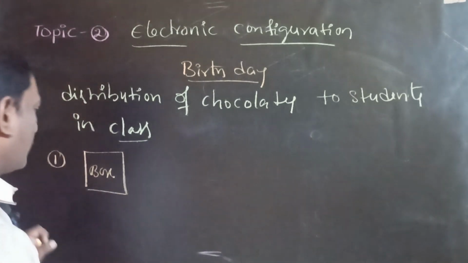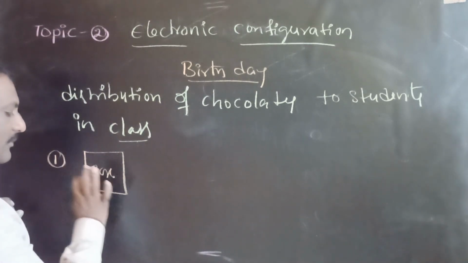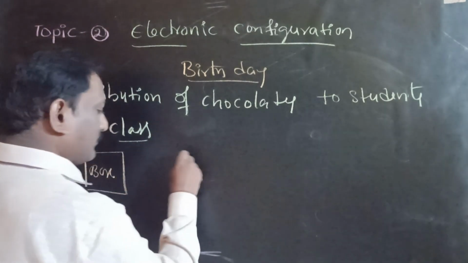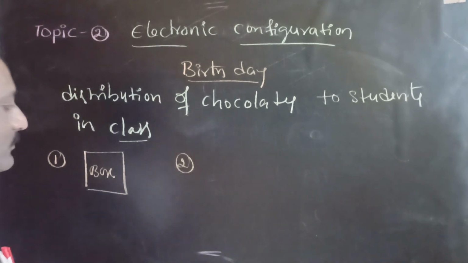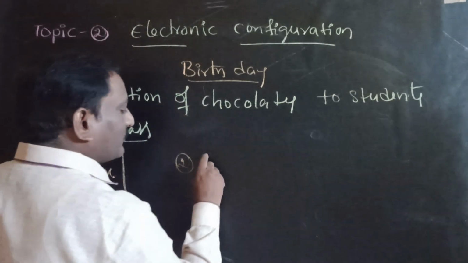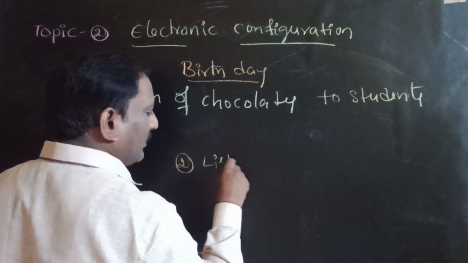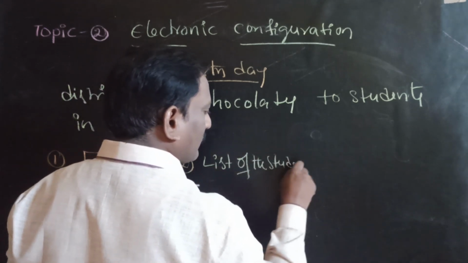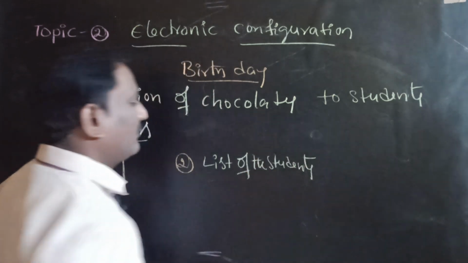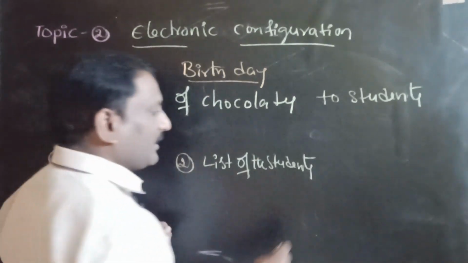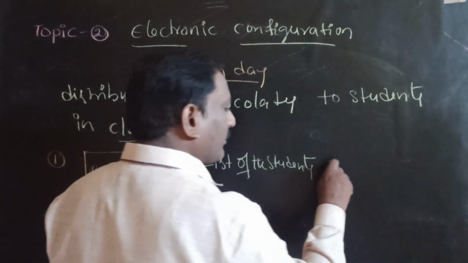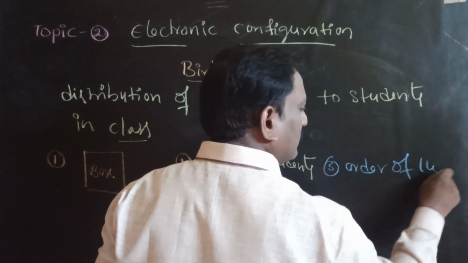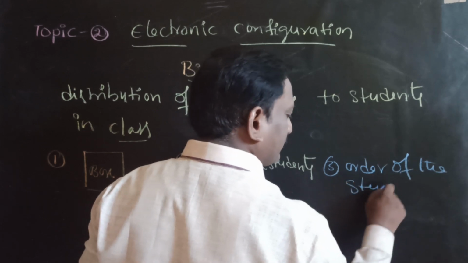Point number 2, list of the students. Point number 3, order of the students.